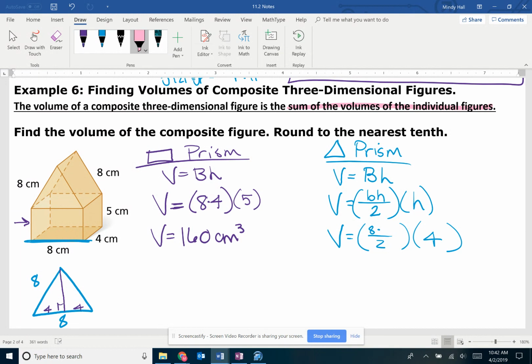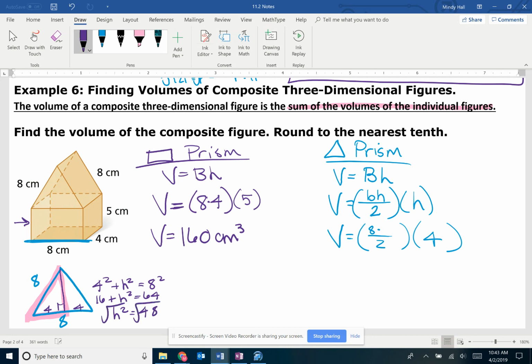Looking at just this triangle on the left, I have two sides that I know and one that I don't, so I can use the Pythagorean theorem to help me. 4 squared plus h squared equals 8 squared, because I'm looking for h. So we have 16 plus h squared equals 64, and 64 minus 16 is 48.